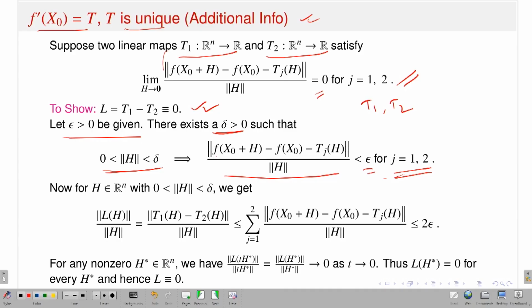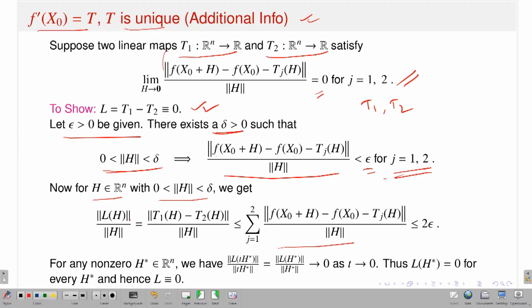Once I have that, consider h a vector in Rn, suppose 0 is less than norm of h, which is less than delta. Then norm of Lh divided by norm of h is the object I would like to compute. This is the same as, since L is T1 minus T2 and it is linear, norm of T1h minus T2h divided by norm h. Then this is dominated by another object.